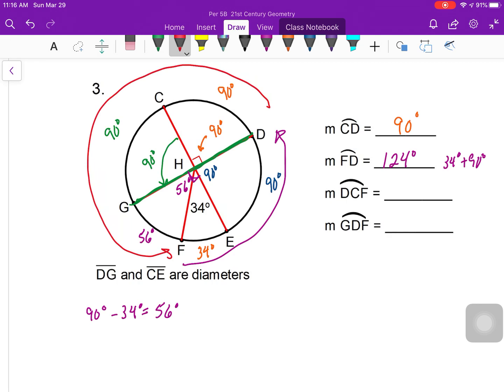D to C to F. D through C to F. 90 plus 90 plus 56. That's 236.